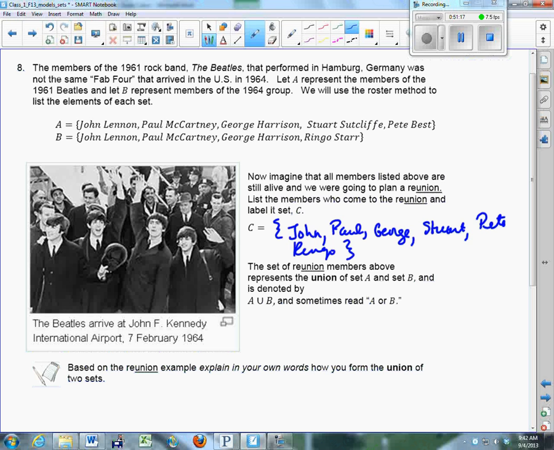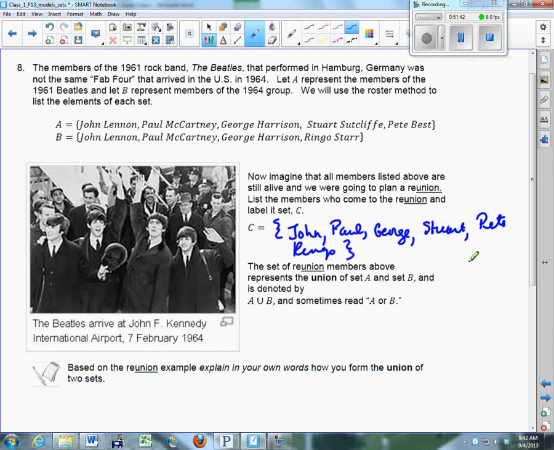If you're listing the members for the reunion, we don't have enough time, but I would have wanted you to write your own idea here. How do you represent the union? What do you include in the set? Everything. Everything what?